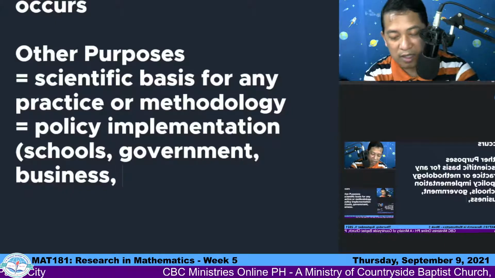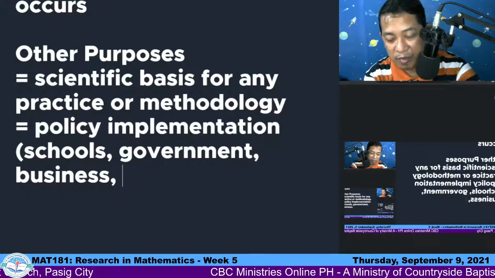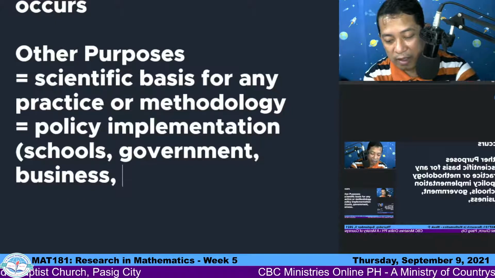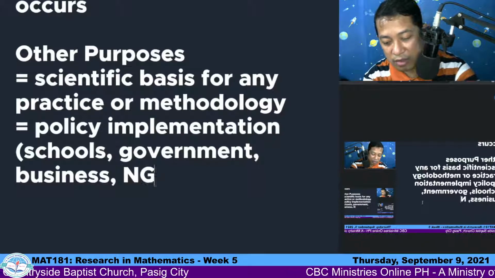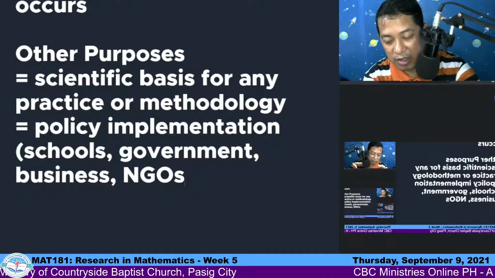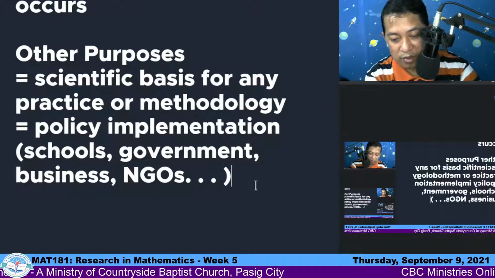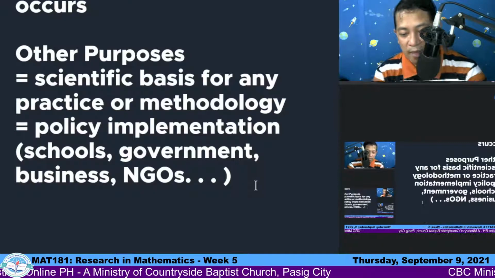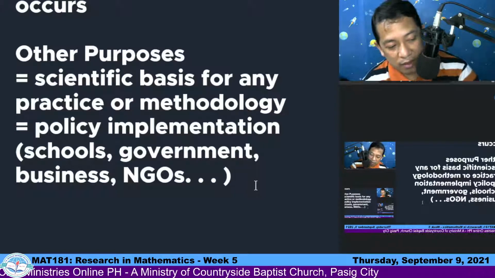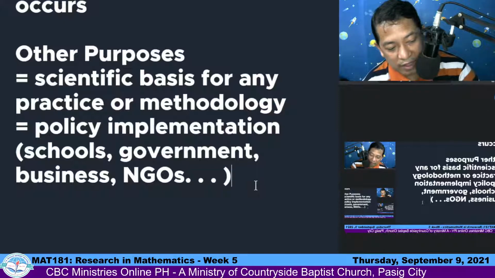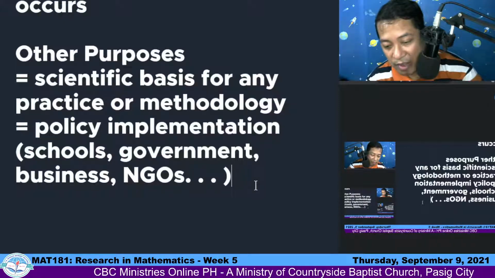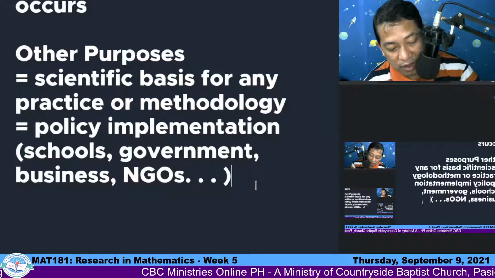Business and other entities, even for NGOs as well, and others, etc. So we could use scientific research that provides scientific basis for any practice or methodology, no?